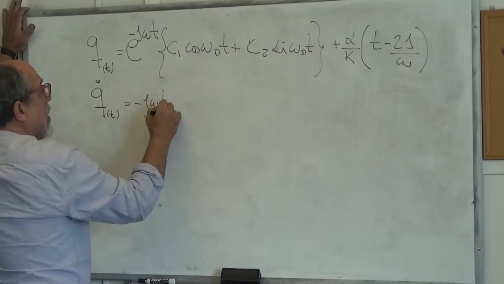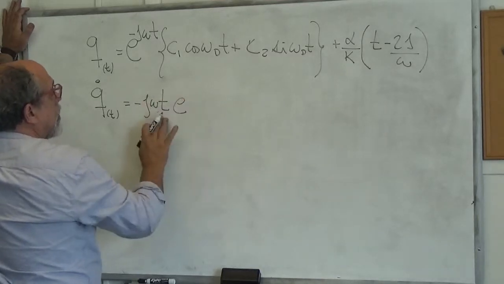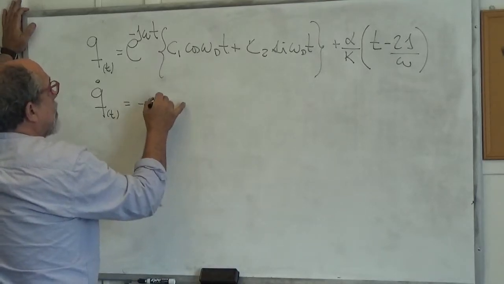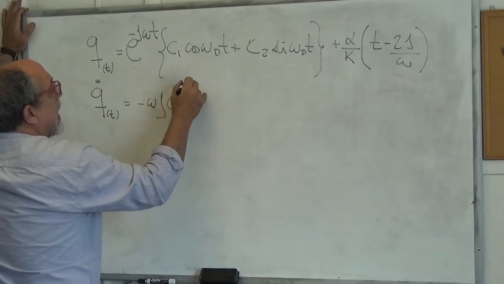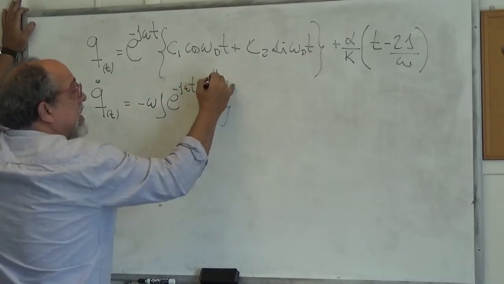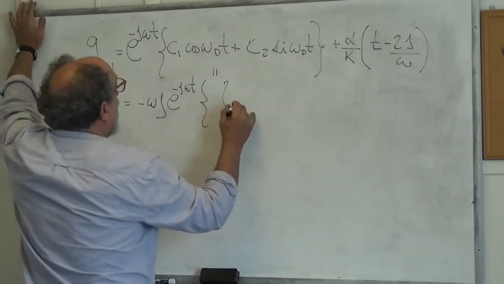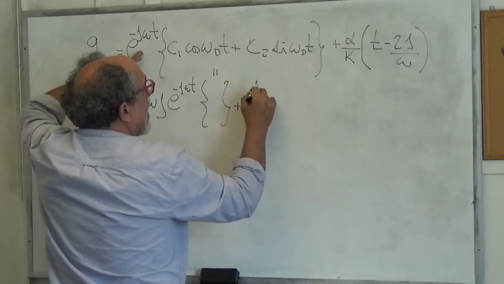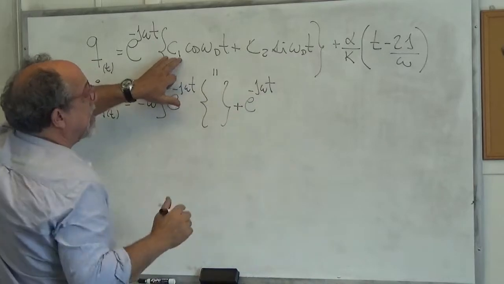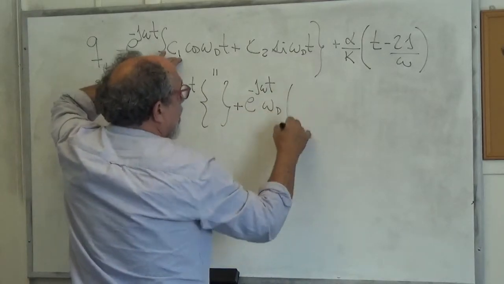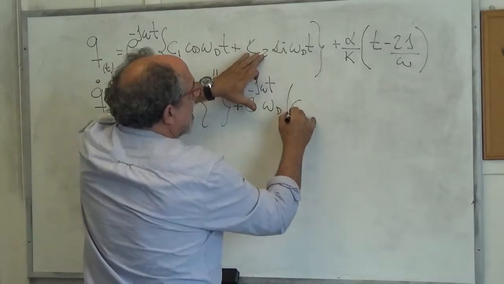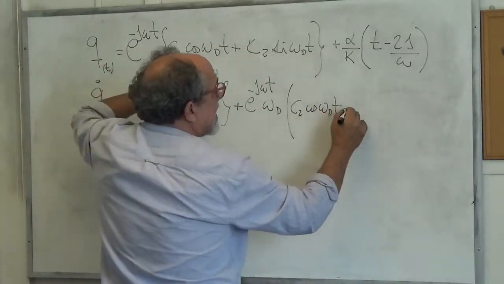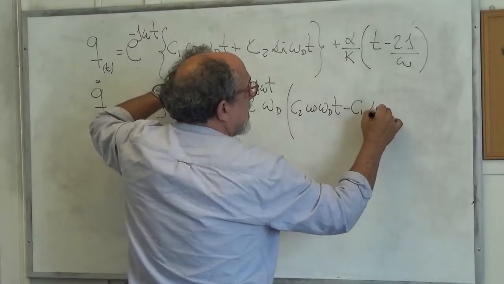So we have minus psi omega, differentiating with respect to time, minus omega psi e to the minus psi omega t, the parentheses, right, plus e to the minus psi omega t, take the derivative of the parentheses, which once again is omega damped, open the parentheses, this one gives me C2 cosine of omega damped t, and this one gives me minus C1 times the sine of omega damped t, right?